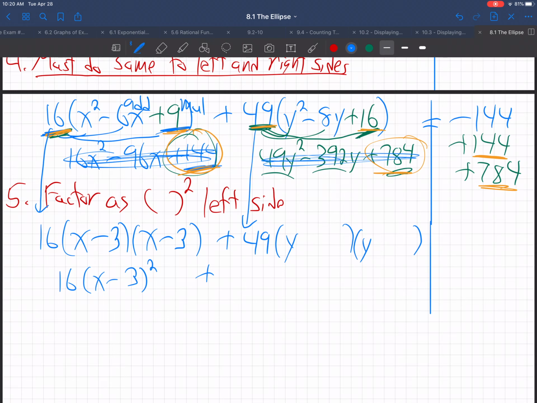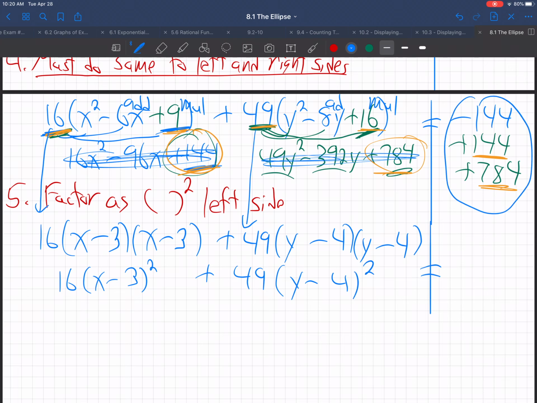And what multiplies to be 16 and adds to be minus 8? Minus 4, minus 4. They'll multiply to be plus 16, add to be minus 8. So notice that's the same thing twice. It's a square.